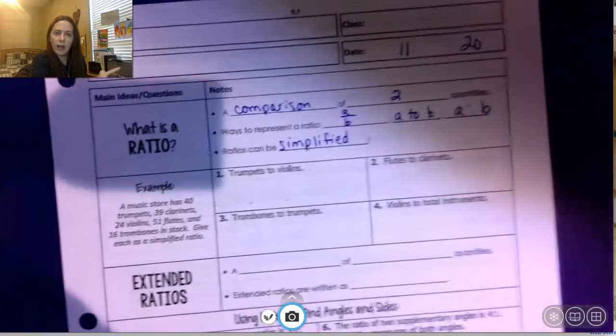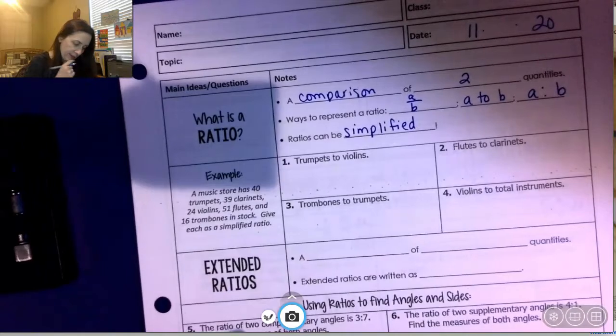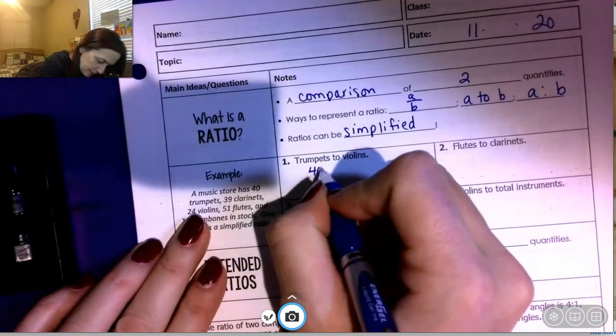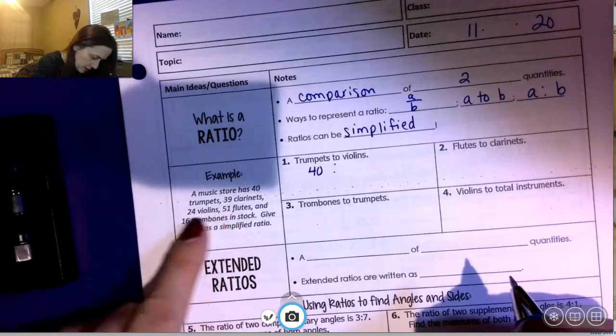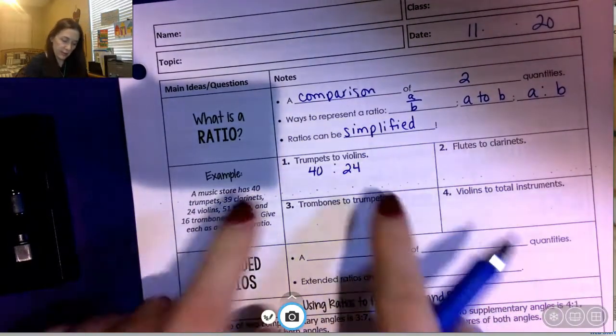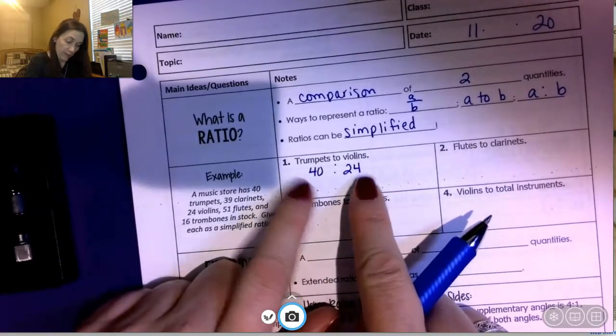Okay, so now trumpets to violins. Go ahead and look at this section. Can you set up trumpets to violins? So I have 40 trumpets, 24 violins. Now again, it can be simplified. If there's a common factor, divide by that factor of 4.